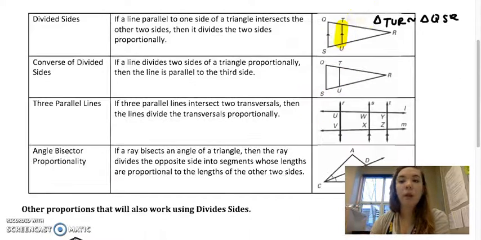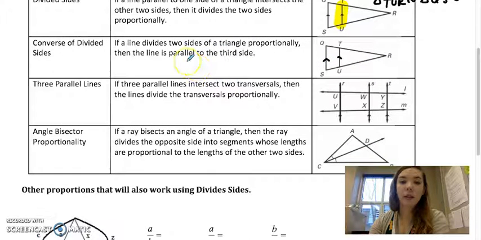So if you have a triangle contained within another one and they're parallel, then they're similar. The opposite of divided sides says if a line divides two sides of a triangle proportionally, then these are parallel. So it's just the opposite. If these are similar, then you can say these two sides are parallel.